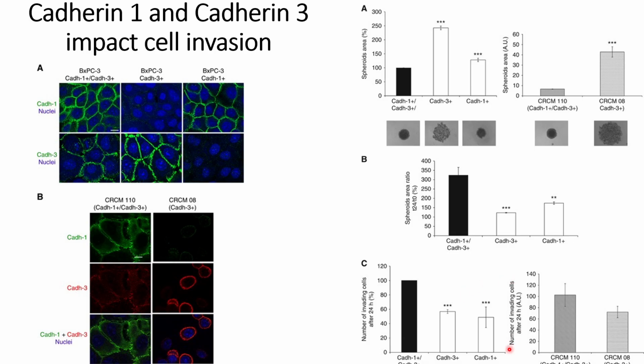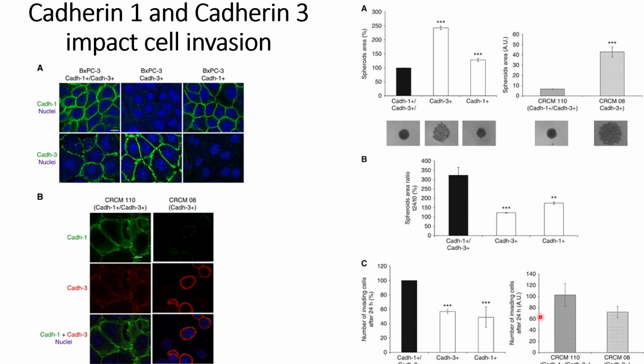Whereas when they checked the invasion assay with primary tumor cells, CRCM10, which has both Cadherin-1 and Cadherin-3, and CRCM08, which has only Cadherin-3, they saw that CRCM10 gives more invasion compared to CRCM08, which is only Cadherin-3 positive.